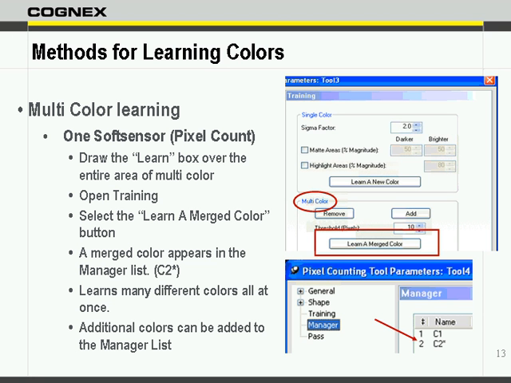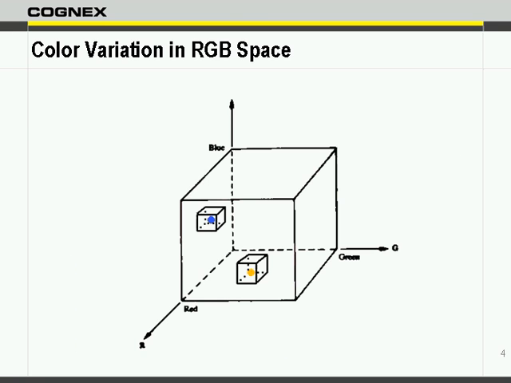So in this case, we're actually not using any standard deviation, any normal color variations to artificially include some of those values as we do when we use the single color learning. Remember that cube in the three-dimensional space. In multicolor learning, we do not have something like this where we would include a cube.